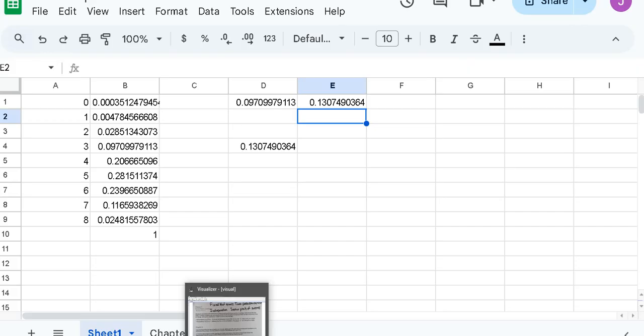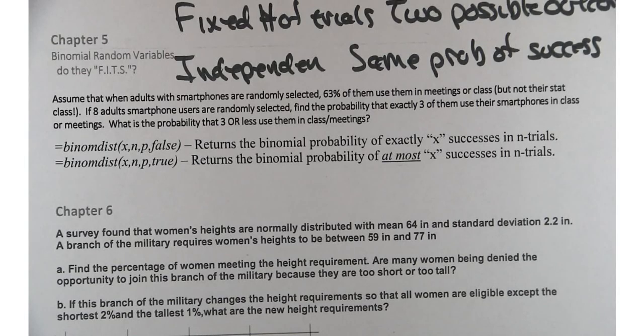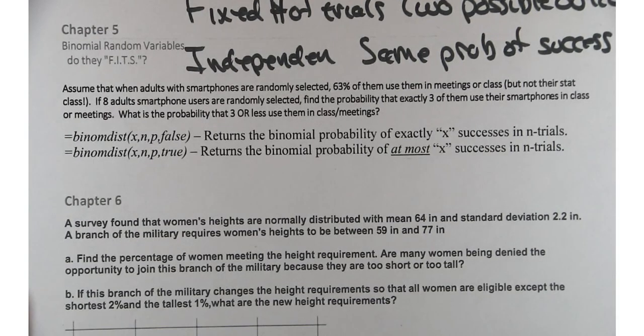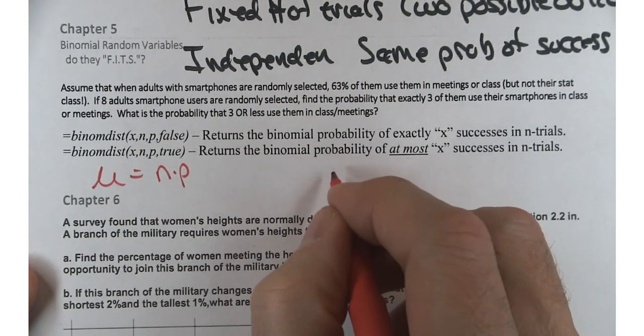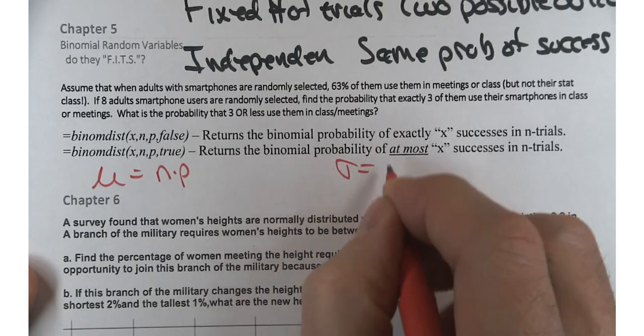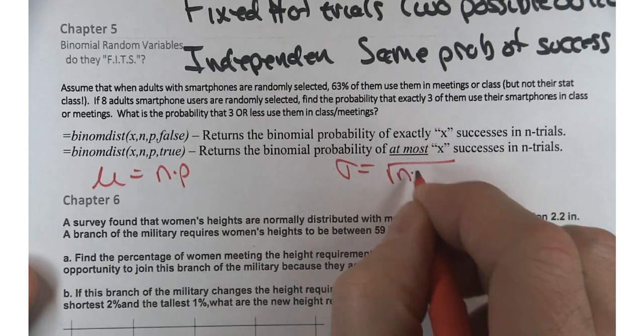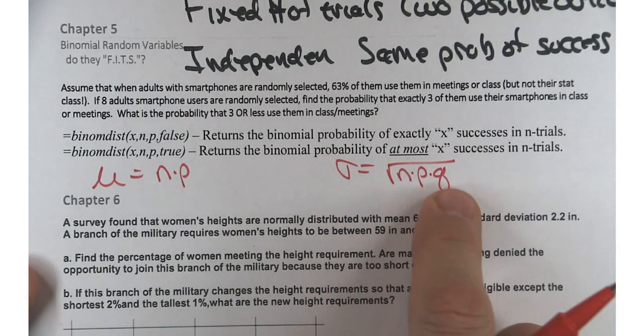We looking okay with binomial probabilities there? Chapter 5? All right. Just as a reminder, the mean of a probability distribution is n times p. The standard deviation is the square root of n times p times q. What's q equal?